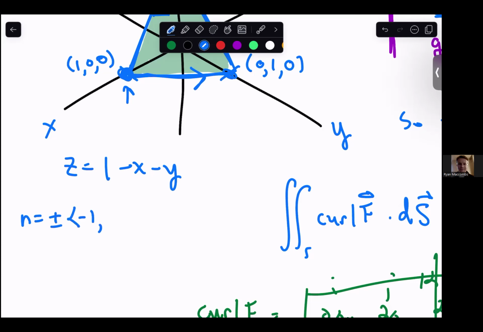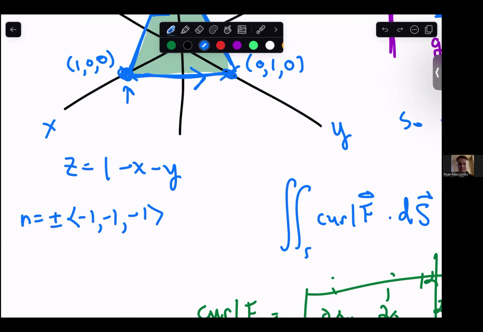In our second component, we have a partial derivative with respect to y. And then in our third component, we always have -1. And I have to decide, am I happy with the normal vector as it stands, (-1, -1, -1), in which case I would just choose positive and leave it as is? Or would I like to flip my orientation and choose the negative here and distribute that to each piece?